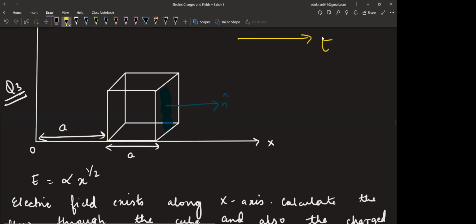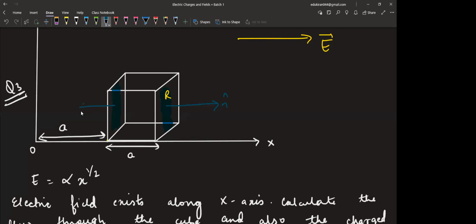So I know electric field is directed here. Look, electric field is directed towards the right. N cap is directed towards the right. Angle is 0 degree. I will get a flux from here from the right surface. Similarly, I have this left surface present. I have this left side.